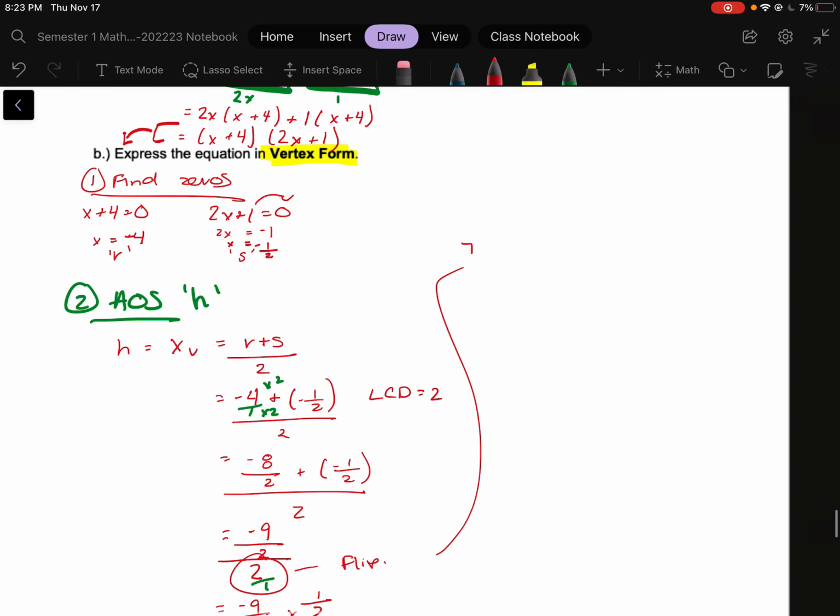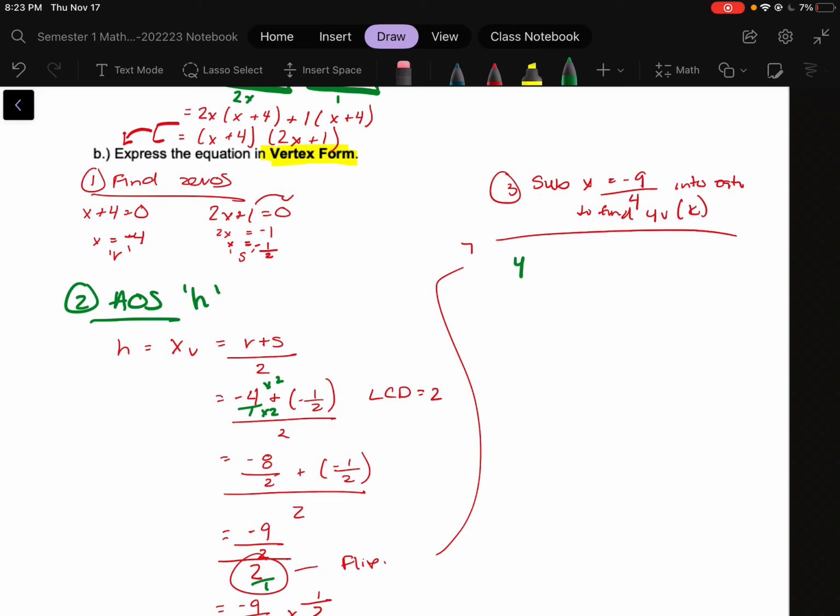Now, let's go all the way up here. Step 3 is we have to sub x equals -9 over 4 into the equation to find the y of our vertex, which is known as our k.